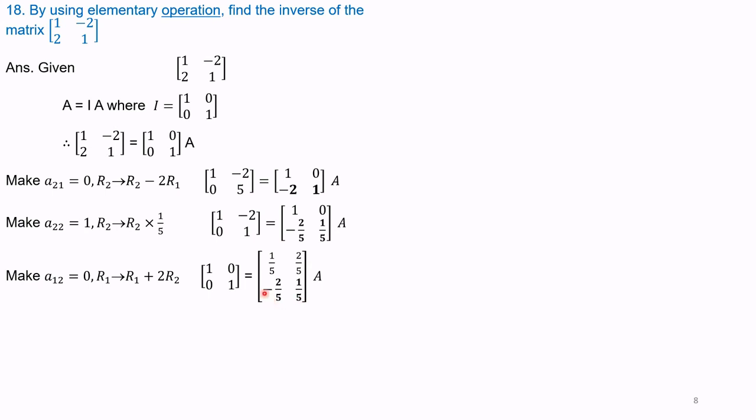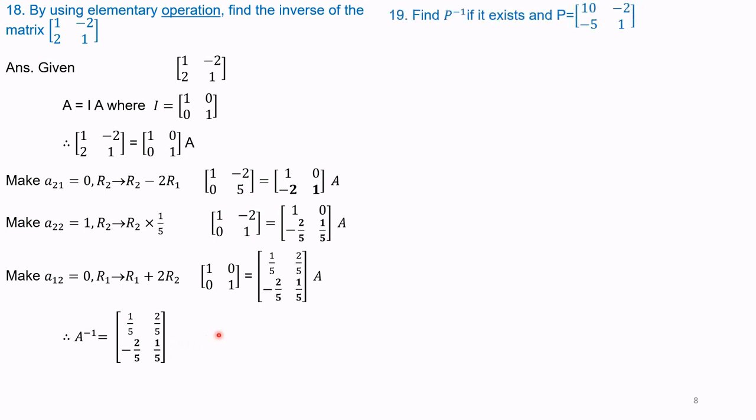Therefore, we have got all the elements on the left hand side: [1 0; 0 1] equals [1/5 2/5; -2/5 1/5] into A. This becomes A inverse. Therefore, A inverse is equal to [1/5 2/5; -2/5 1/5]. This is the inverse of A.